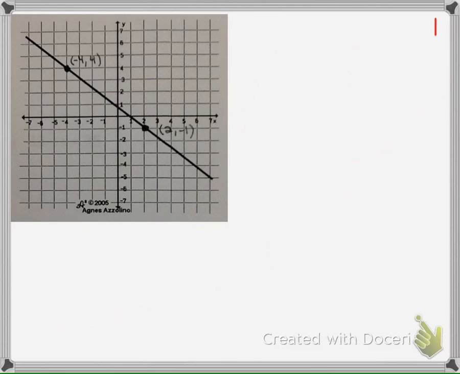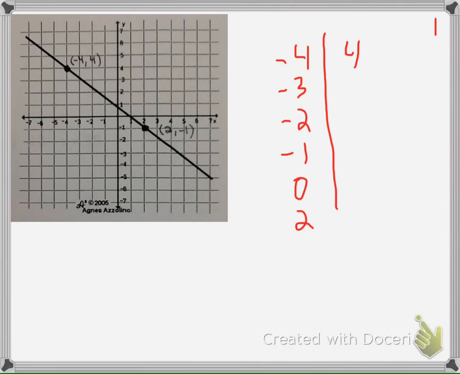Okay, next. Again, I need to set up my table, and I'm going to think ahead for my y-intercept. So -3, -2, -1, 0, skip to 2. Okay, now from 4 to -1, I'm going down 5, -5.